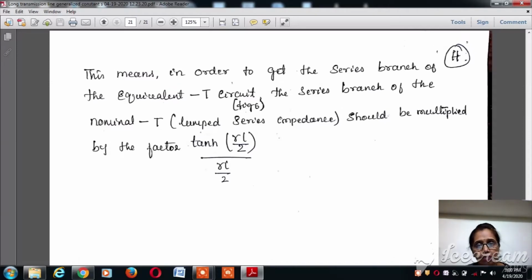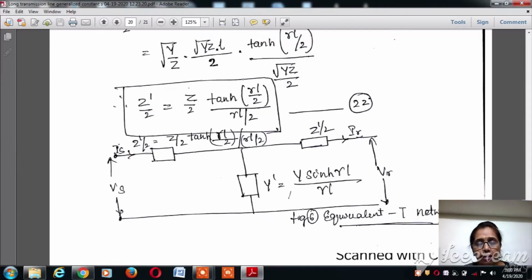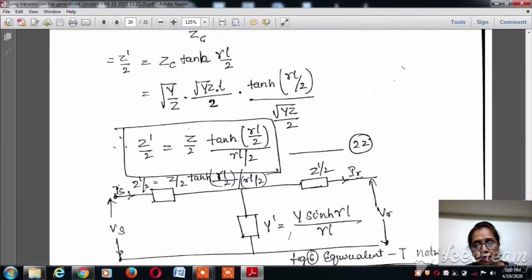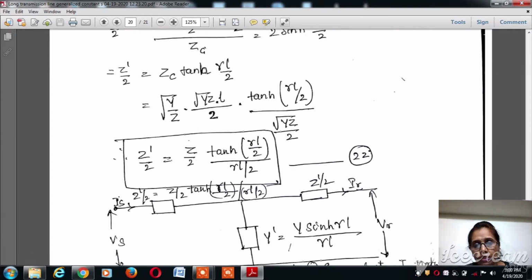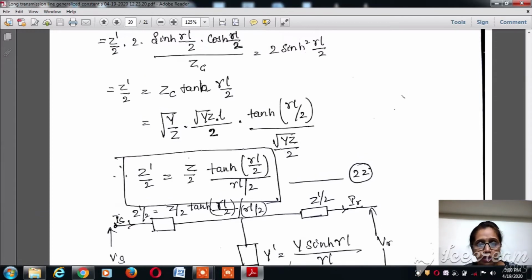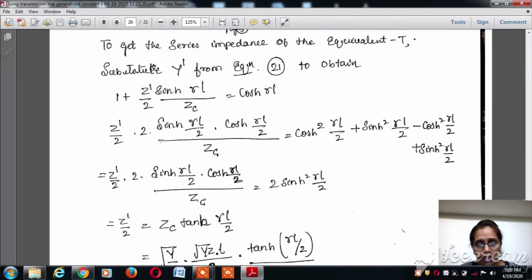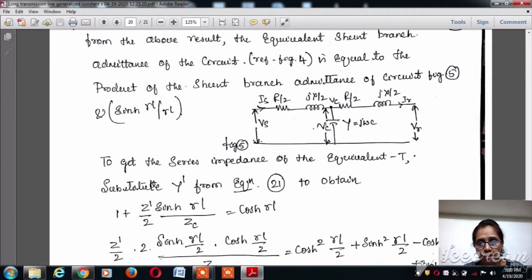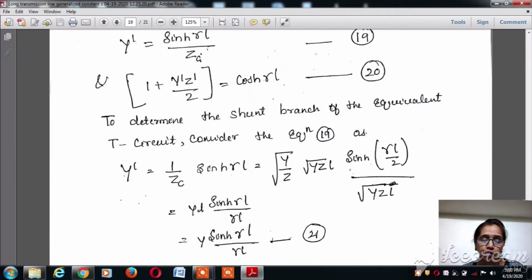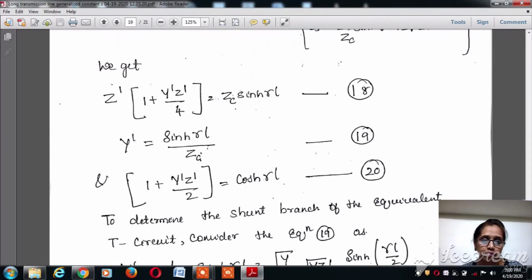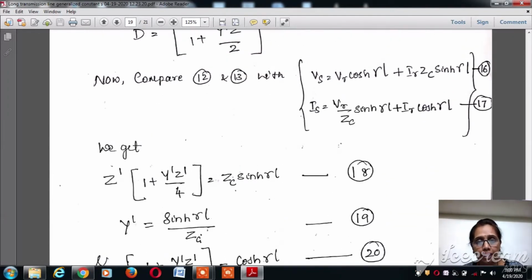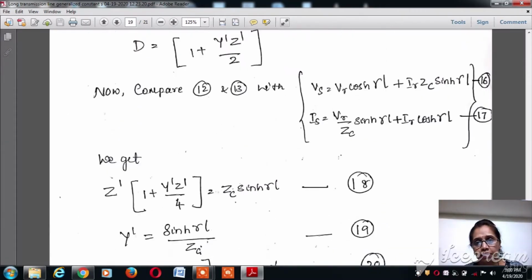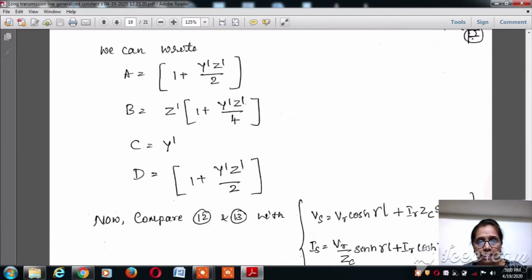So here we understood that the long transmission line can be expressed in terms of the equivalent T network with the help of this tan hyperbolic gamma L divided by 2, which uses the rigorous method of analysis. We can also express it in terms of ABCD parameters, and the equivalent T network model or equivalent pi network model can also be expressed in terms of the set of equations of ABCD parameters.